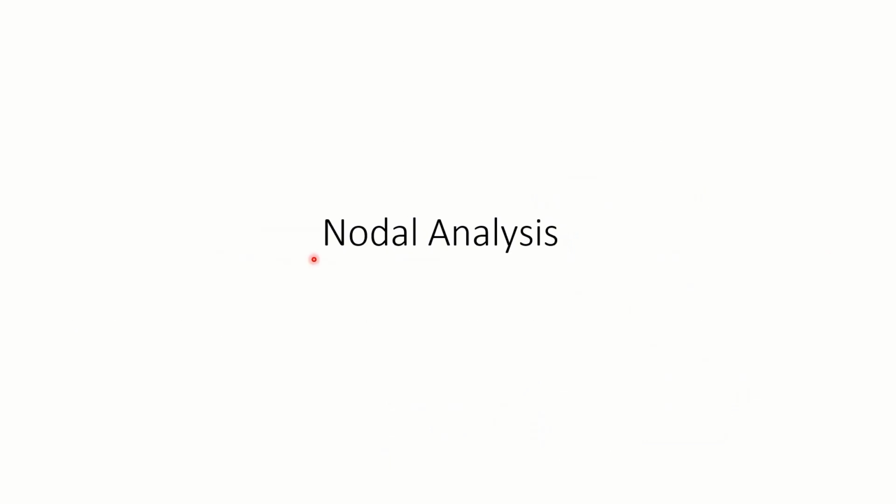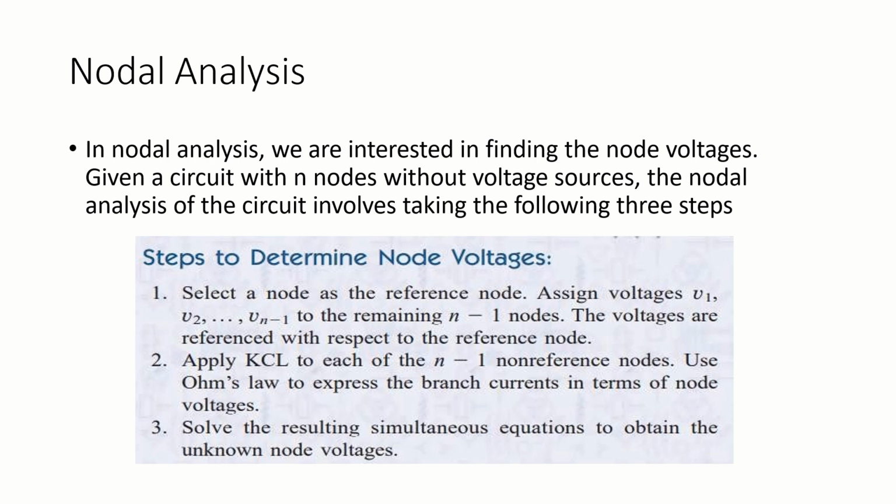So now let's take a look at nodal analysis. In nodal analysis, we are interested in finding the node voltages. There are 3 steps to determine the node voltages. The first step is to select a node as a reference node. You need to analyze the circuit and select a node as a reference node, and you need to assign the voltages V1, V2, and so on with respect to the reference node to the remaining nodes.